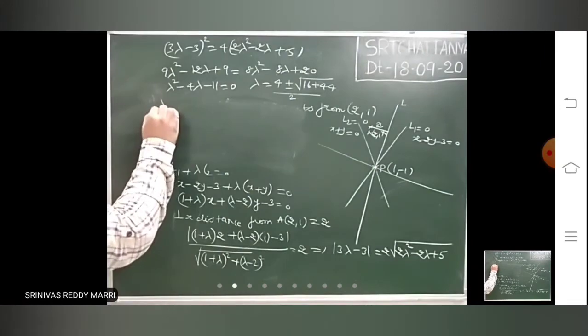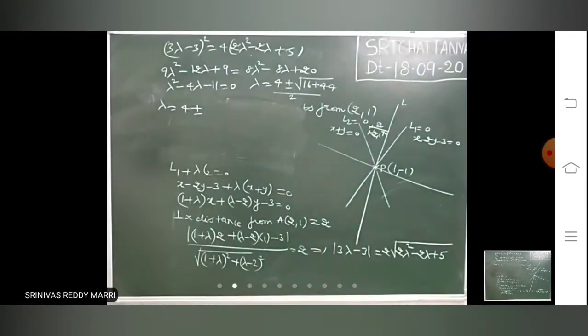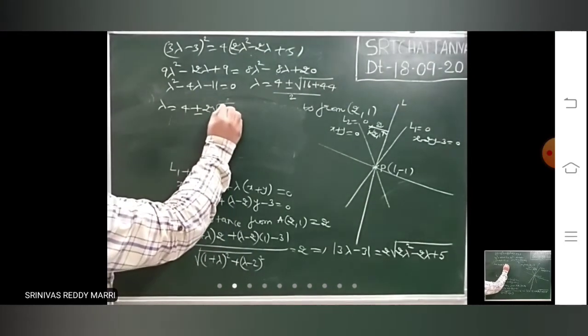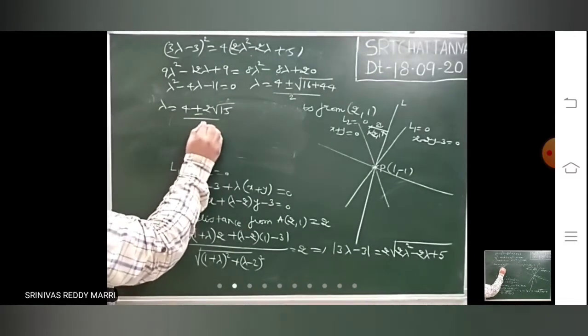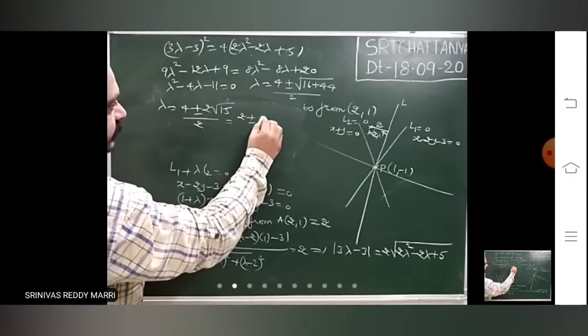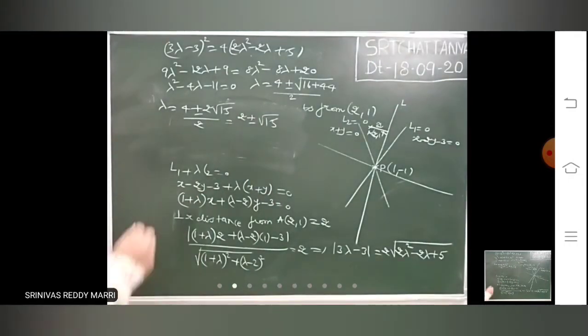That means lambda is 4 plus or minus root 60 divided by 2, that is 2 root 15 divided by 2. So the lambda values are 2 plus or minus root 15.